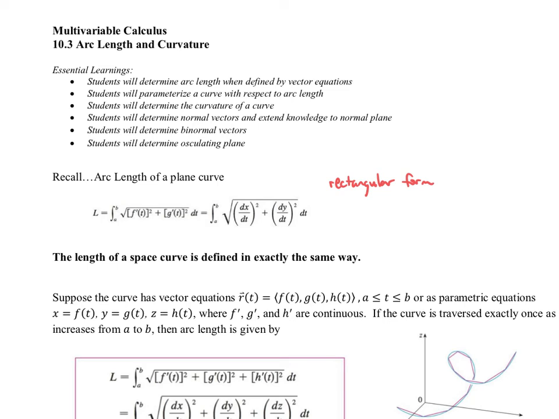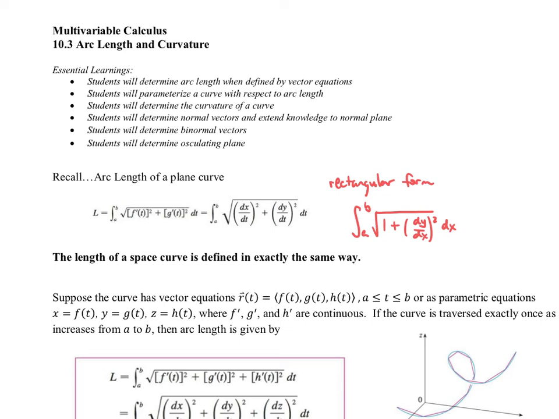The general form that we will be utilizing here in multivariable calculus has a t in it because it's in that parametric form. But if you don't have that parametric value and you have just x's and y's, you may see arc length as the integral from a to b of the square root of 1 plus the quantity dy dx squared. We did this last year, so if this looks familiar, that's why. That's in terms of x.